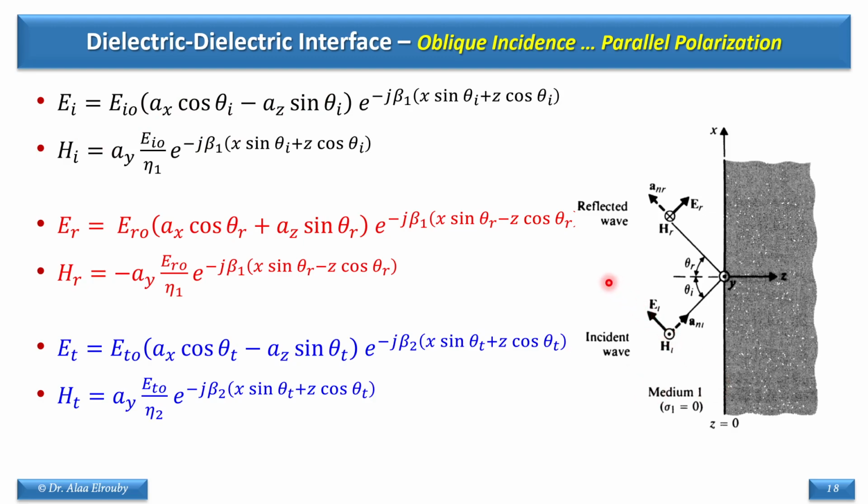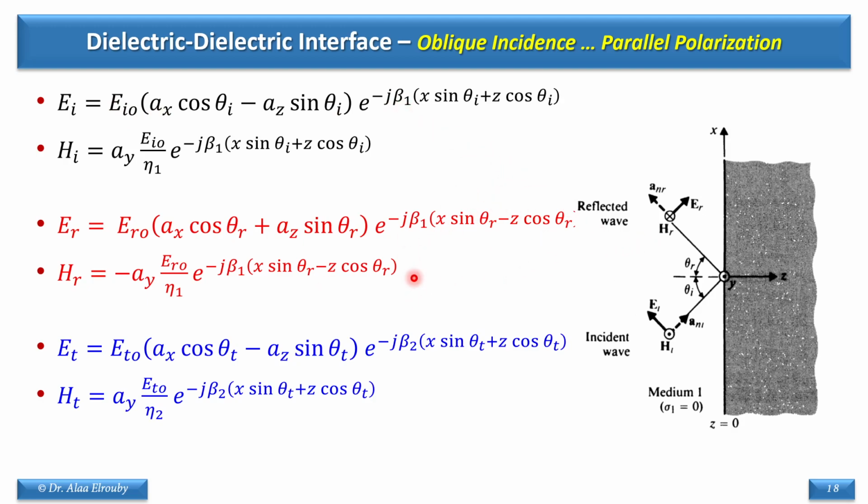The field has a component in positive x and a component in negative z. The negative z component goes with sine, the positive x component goes with cosine. So this is the incident field, and this is given. Theta I is known, E incident is known. Of course, beta 1, beta 2 are known.